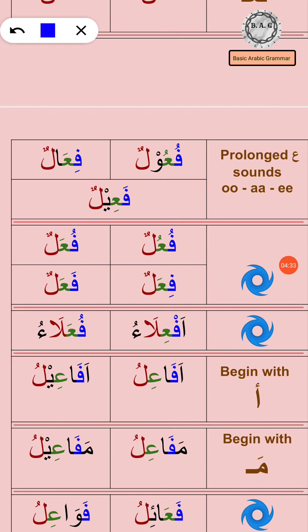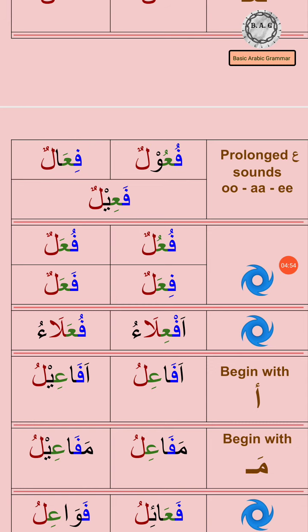So u, a, and i. So we have fu'ulun, we have fi'alun, and we have fa'ilun. Notice how the second root letter has been prolonged in its sound.